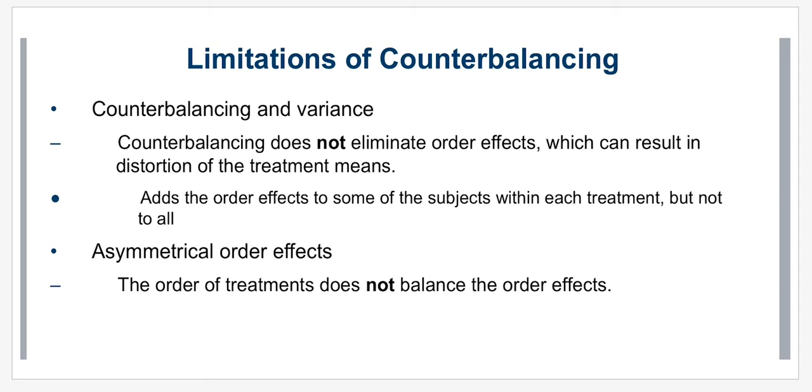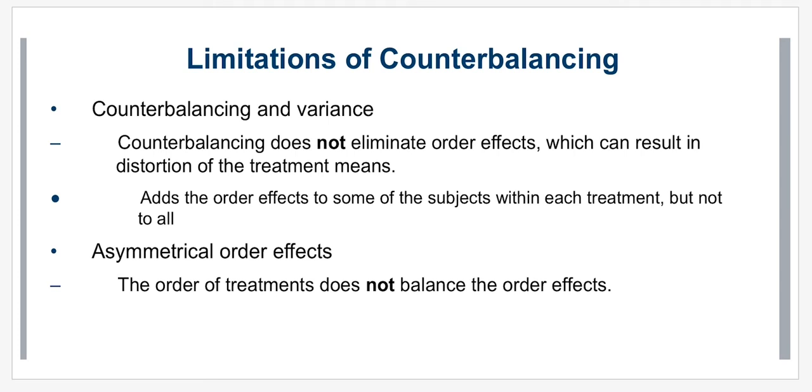So if there's more variability within those scores within each group, then the difference between the groups becomes harder to see. Remember, we talked about that in chapter 8. And so you may not be able to see the difference or reach that statistical significance that you're trying to reach between the means, if there's so much variability within your groups due to these order effects and the counterbalancing.